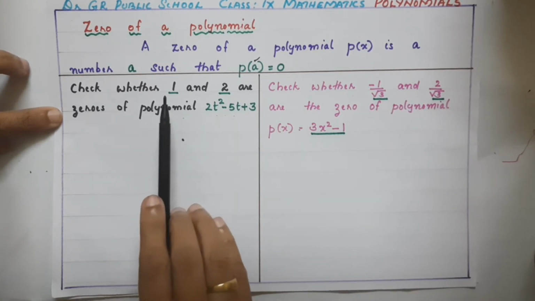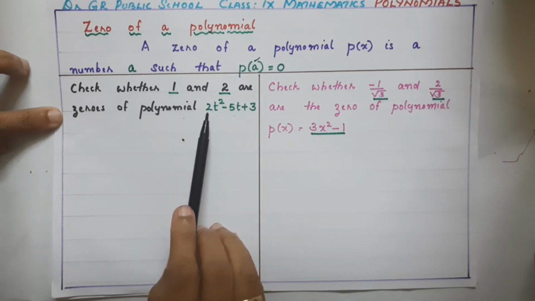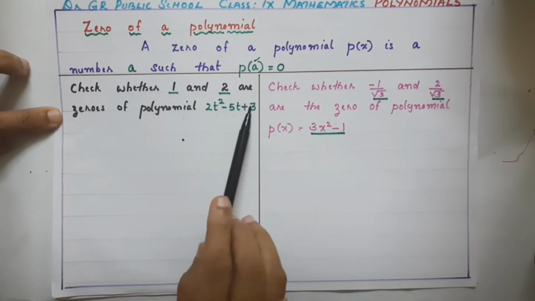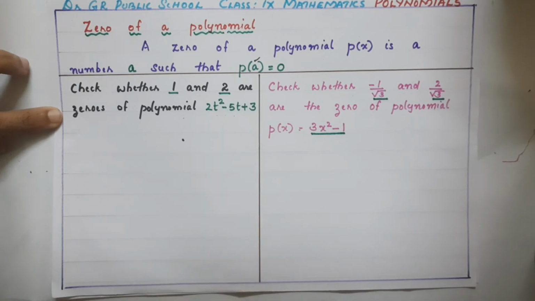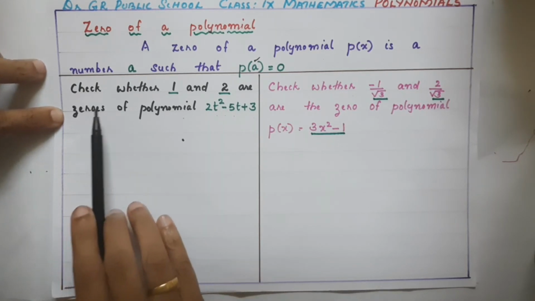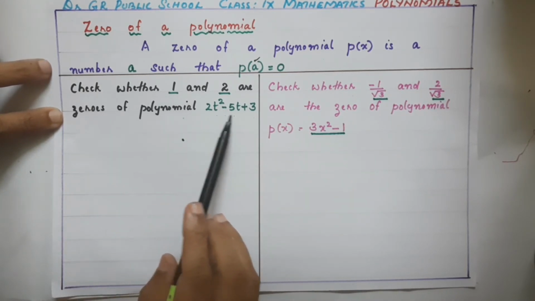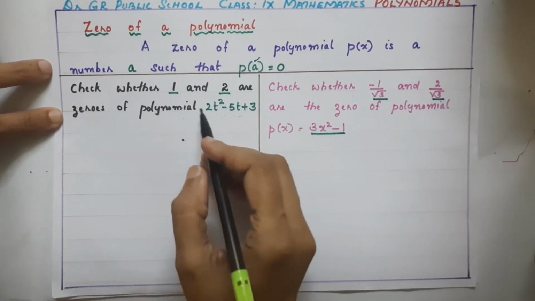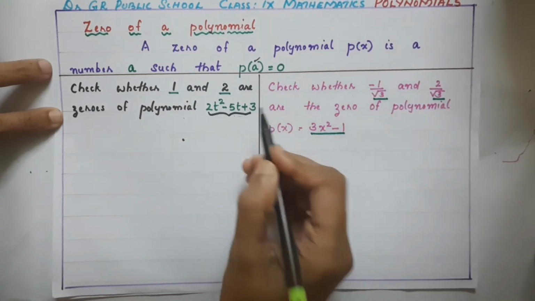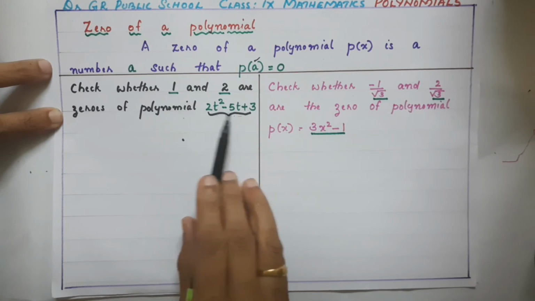If it is a zero, what we will get? The polynomial value will be 0. Now, let us verify whether 1 is a zero of this polynomial. So, this is our given polynomial. It is a polynomial in t.